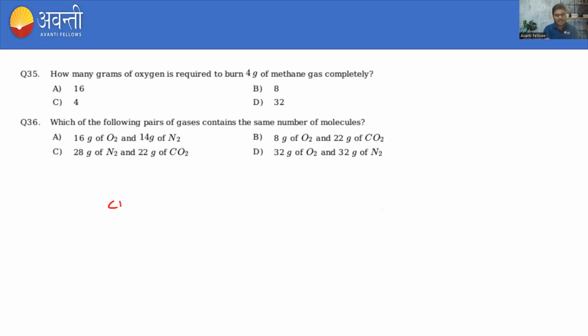So, let me write the equation for the combustion, that is CH4 reacts with O2. So, they will form CO2 plus H2O. So, let me balance this equation, right? So CH4 plus 2O2 gives CO2 plus 2H2O. So we can say that, in this question they're asking how many gram of oxygen is required to burn 4 gram of methane, right?